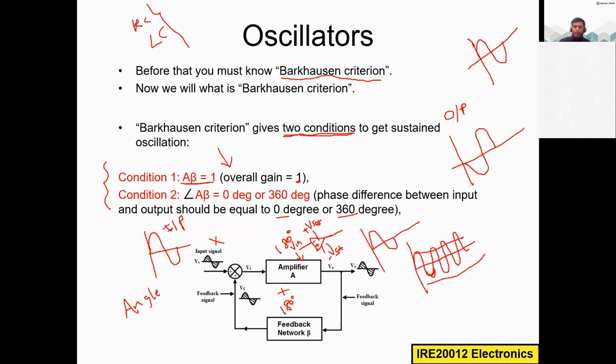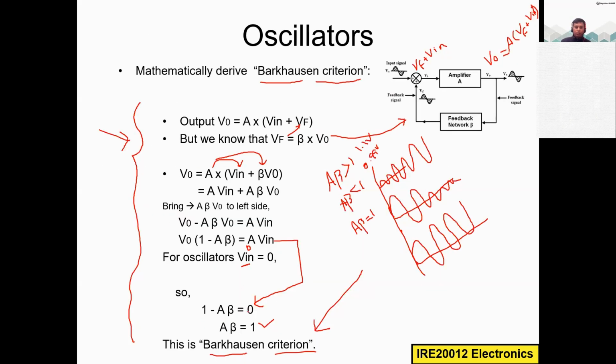I want you to remember mainly the two conditions of this Barkhausen criterion and how to reach or achieve this A beta is equal to 1. Remember, whenever we do this kind of circuit analysis, we need to make some kind of assumption in order to derive the formulas. Because the formula we derive is the most common and general one.